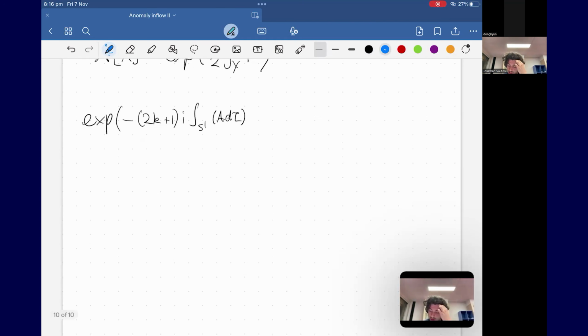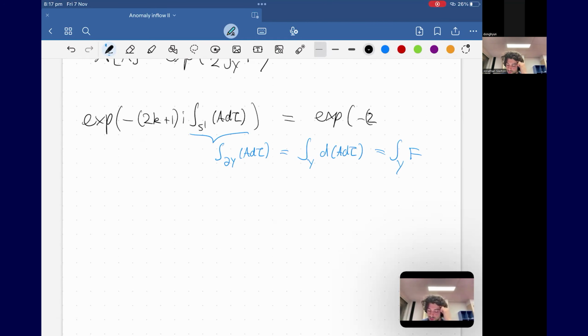And then this thing here is equal to the integral on the boundary of Y of A d tau, which then by Stokes' theorem is just going to be the integral on Y of d(A d tau), which is then going to be the integral on Y of F. So there we go. So this thing here is exponential of minus i(2k plus 1) integral on Y of F. Okay, so that's nice.